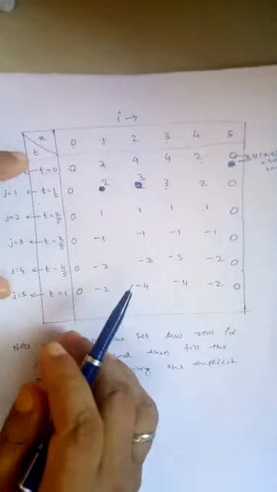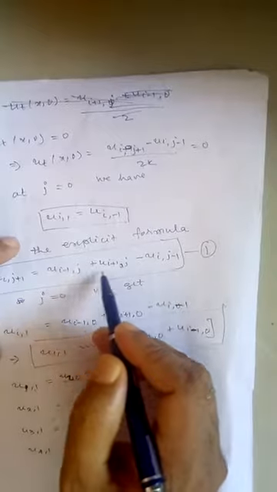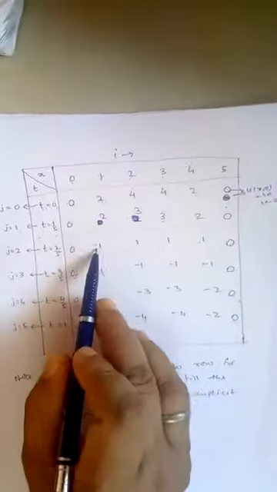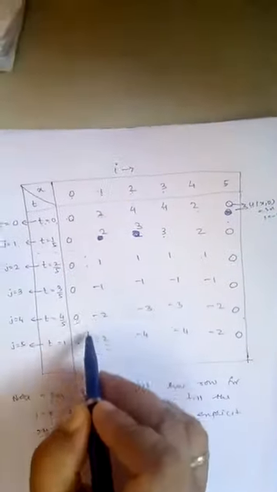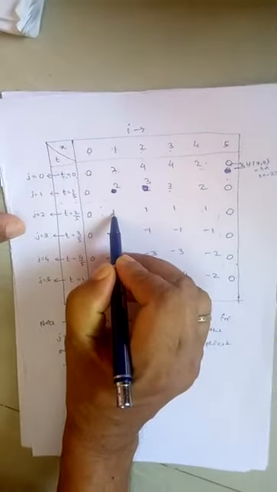Now we will use the scheme u i j plus 1 is equal to u i minus 1 j plus u i plus 1 j minus u i j minus 1, and we will try to find the solution in the interior grid points. You remember these things are known already, so we have to evaluate the values inside. Now let us find the value in this position.